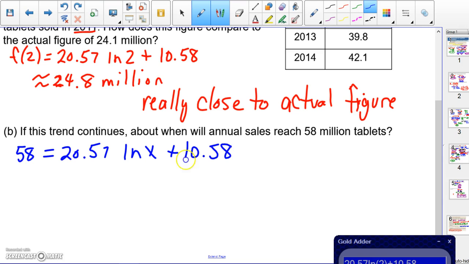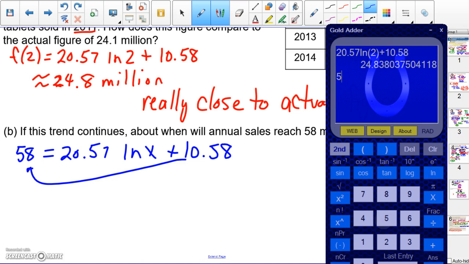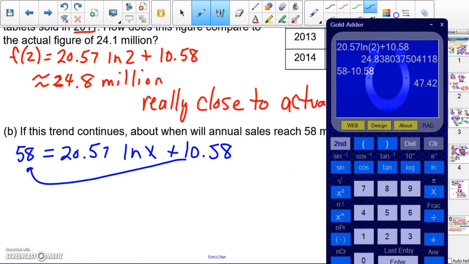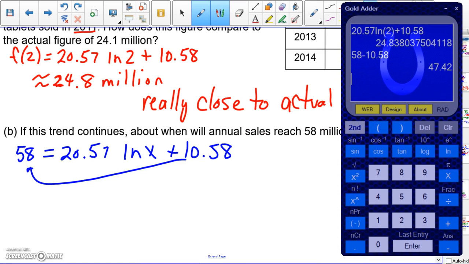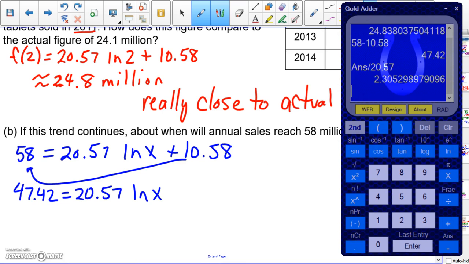So subtract the 10.58, we're just isolating here. 47.42 equals 20.57 natural log of x. Divide by the 20.57. You get about 2.305 or so.